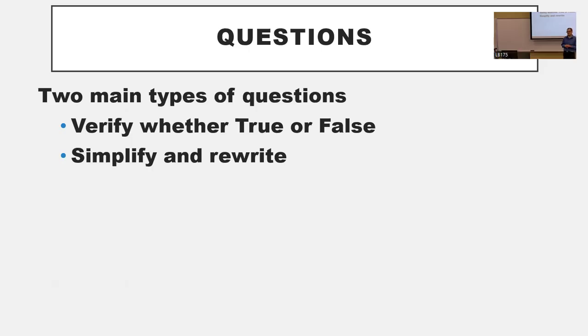Same thing when I simplify and rewrite, we'll assume denominators are not 0. But those are the two big questions. We'll use all of those tools. We'll have this great big bag of tools, and we'll answer one of those two types of questions.